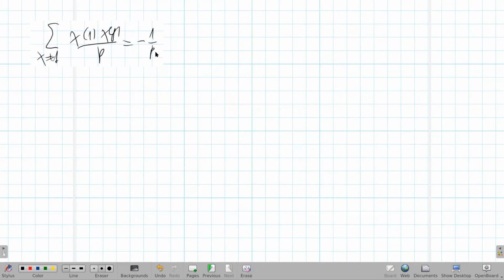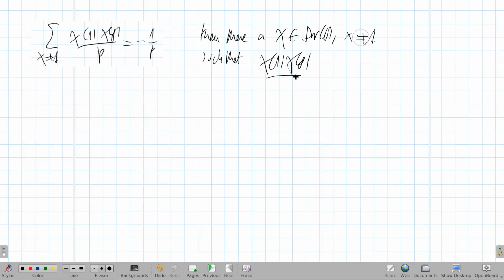So we know that this is not an algebraic integer. So this means there is a chi, an irreducible character different from the trivial character, such that this is not an algebraic integer.